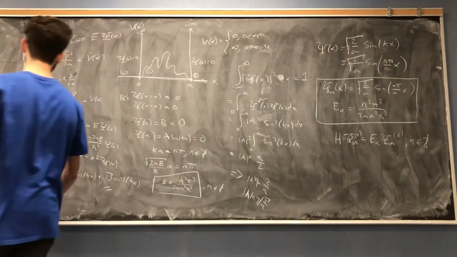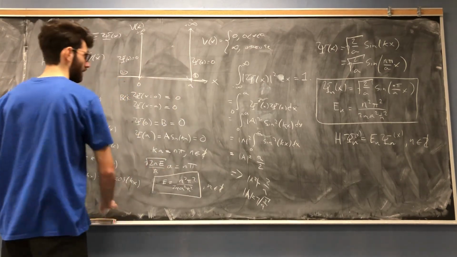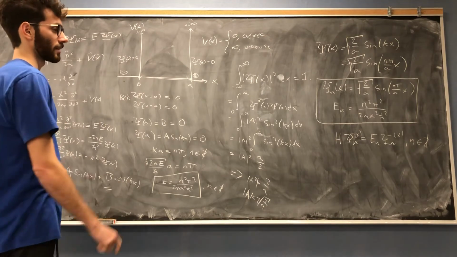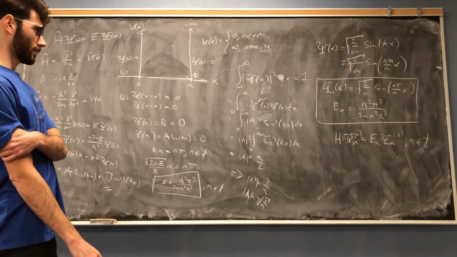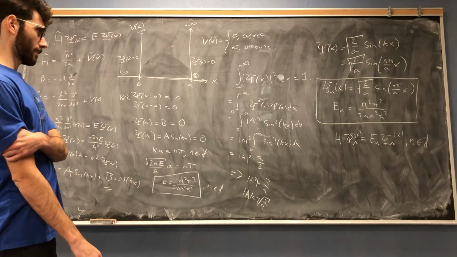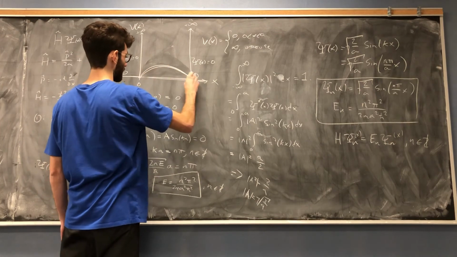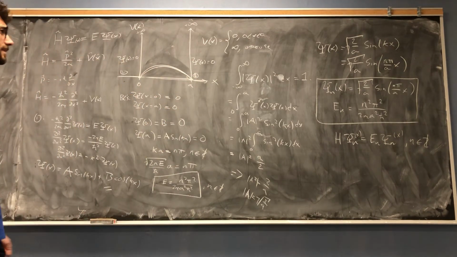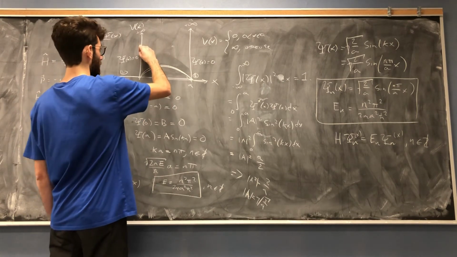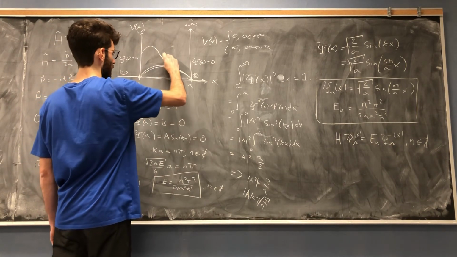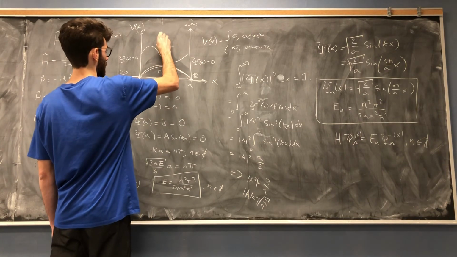But if I draw a few of them, you can get a sense of what they look like. So for example, the n equals 1 solution is just a standing wave like this. This has 0 nodes, the next one will have 1 node, so it'll be something like this, n equals 1, n equals 2, and so on.